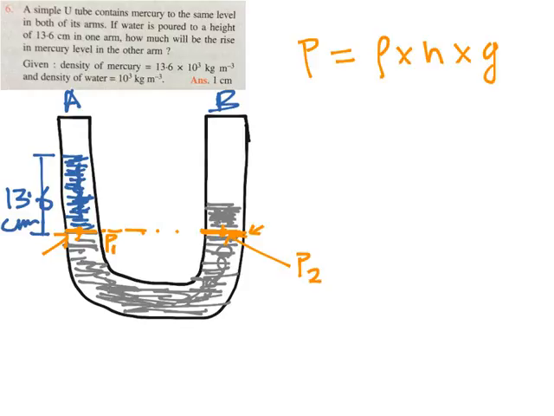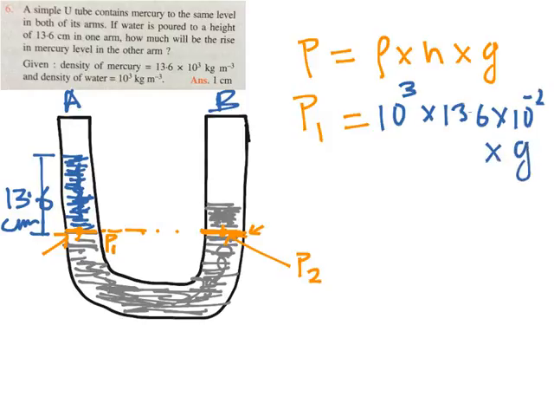P1 is caused on tube A by the water level of 13.6 centimeter. We put the density of water as 10 to the power 3, the height as 13.6 converted from centimeter to meter, that is multiplied by 10 to the power minus 2, into g. g is not required here because it will get cancelled out on both sides.